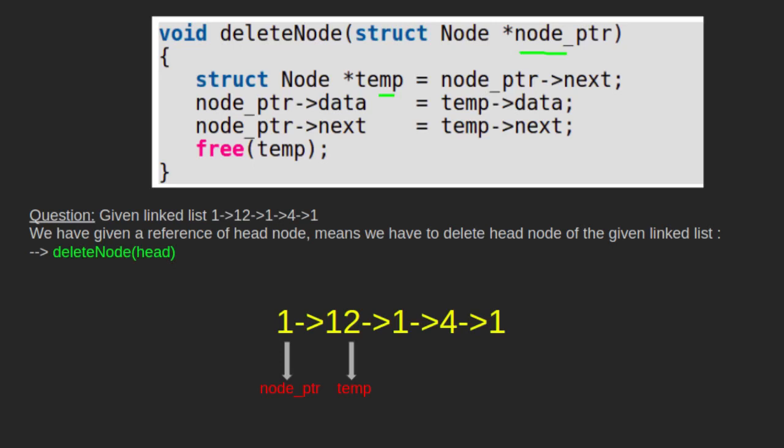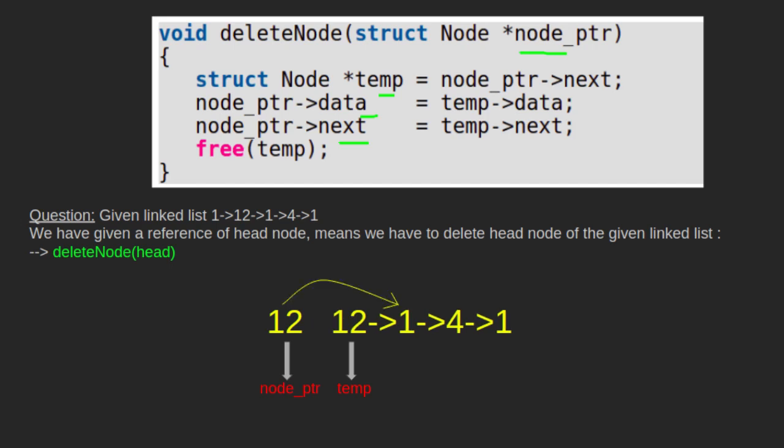After that, we are copying the data of the temp node to the node_ptr node. So this changes the data of the node_ptr node to 12. Then to break the link of node_ptr with the temp node, next of node_ptr is changed to next of temp.